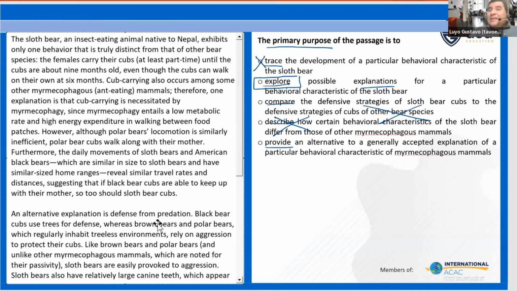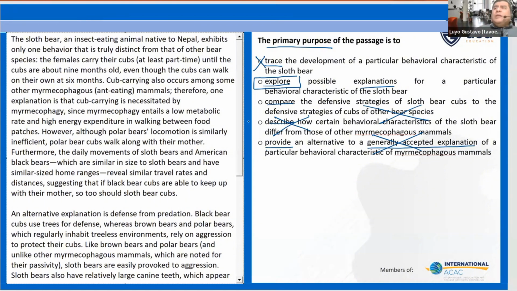There is nothing in the passage that says that either of these explanations has been generally accepted. So, is it correct to call it a generally accepted explanation without any support for it? No. We cannot accept this, actually. So that's why we have crossed out the other four answer choices and keep B as the correct one.